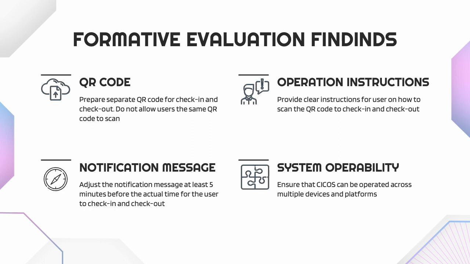And then we have to put in a notification system, something like a message, which can prompt the user how much time they have left to use the system. And finally, we have to make sure that our system KIJOS can be operated on multiple devices and platforms.